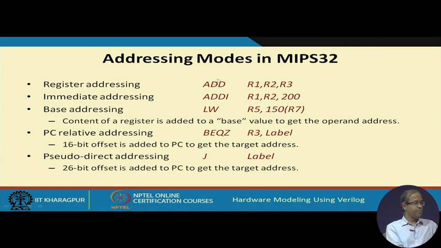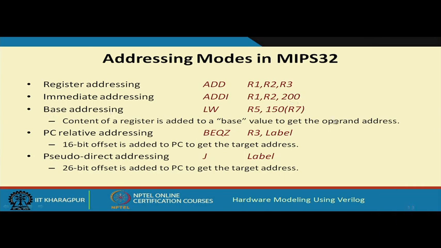So, the addressing modes that are available in MIPS 32, this is very quickly summarized here. Register addressing: an example is this, where all the operands are stored in registers R1, R2 and R3, the destination in R1. Then immediate addressing: one of the operands is an immediate data 200.